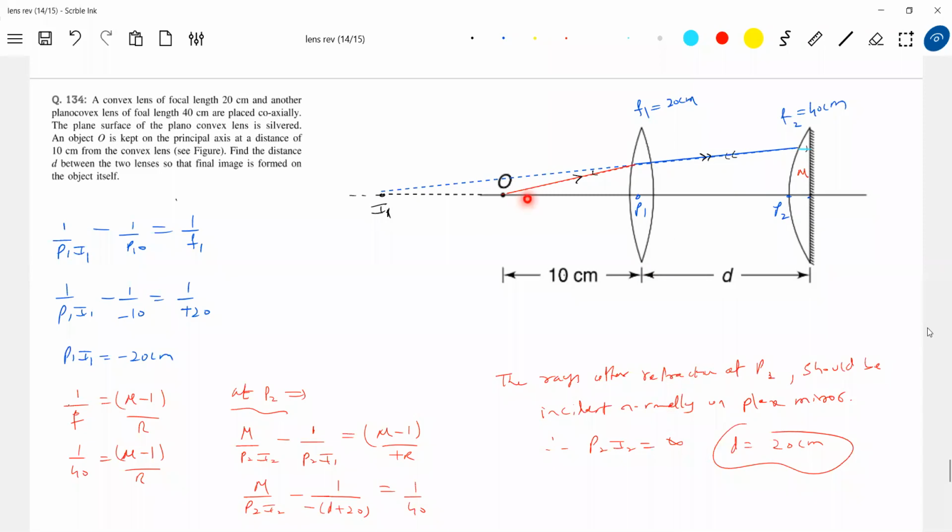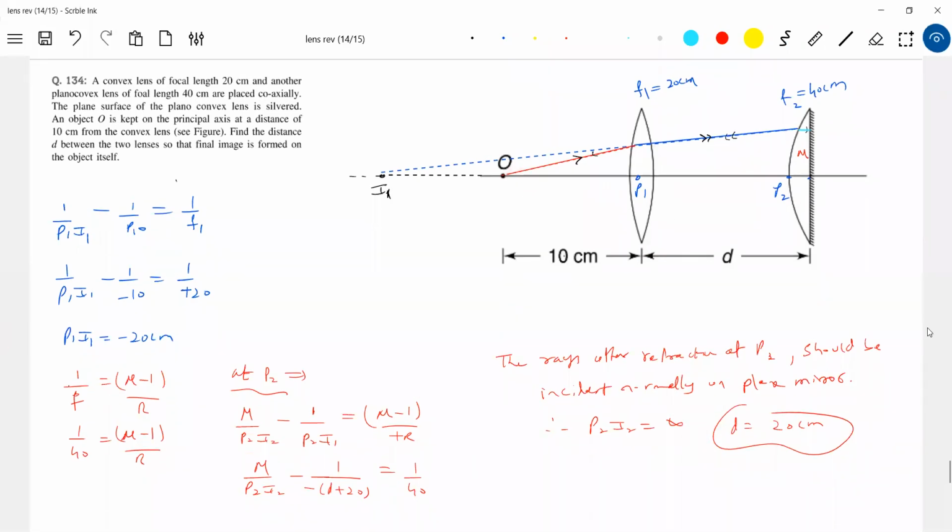So whenever image and object are at the same position, you can think about the principle of reversibility of light. That will be on the safer side to minimize calculations. One more, you have to go through the focal length by shift method, just formula based. I discussed in class, all the diagrams are there. Go through once, revise that also.